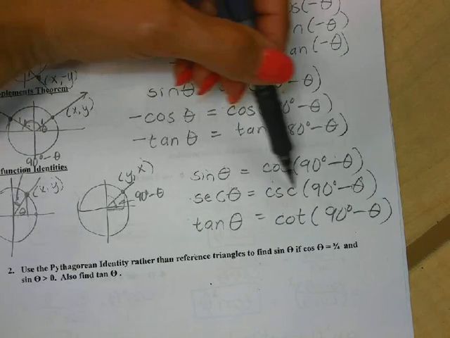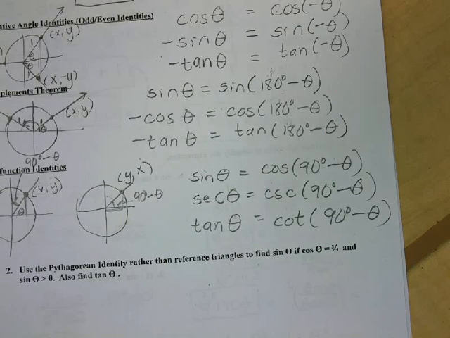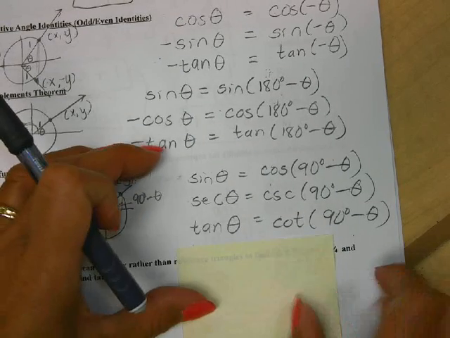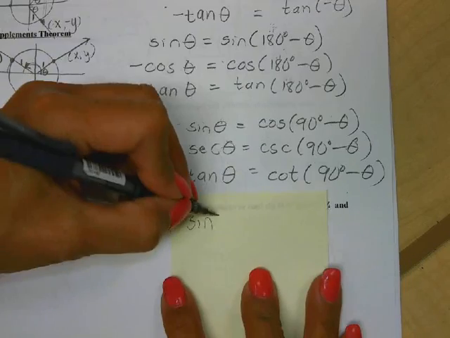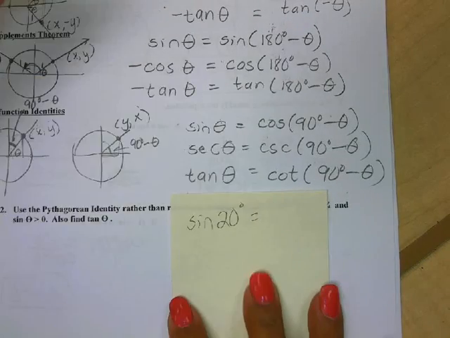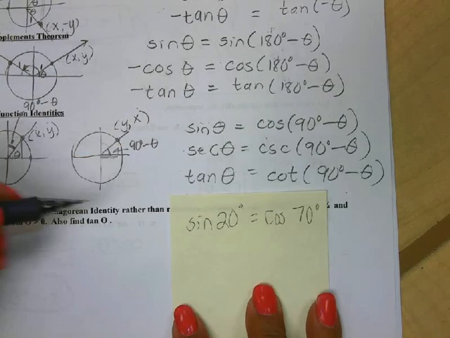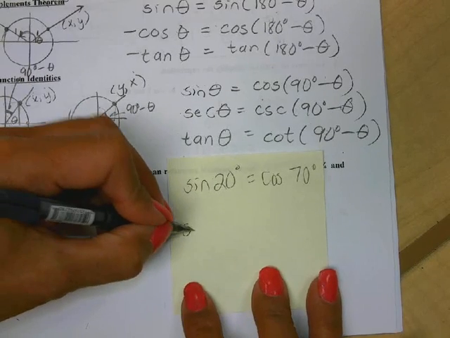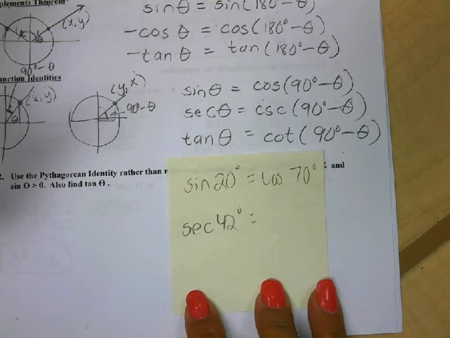So the sine of an angle and the cosine of its complement are equal. The secant of an angle and the cosecant of its complement are equal. The tangent of an angle and the cotangent of its complement are equal. So for instance, if I had sine of 20 degrees, that would equal the cosine of its complement, which would be 70 degrees.